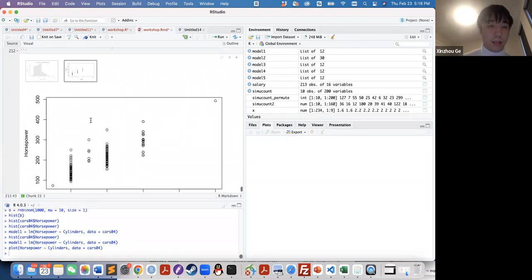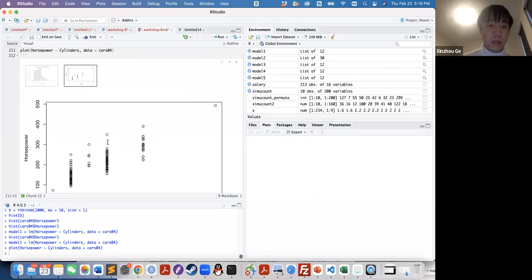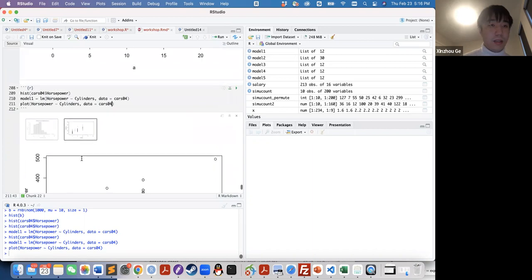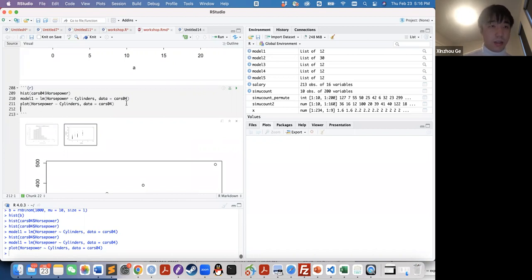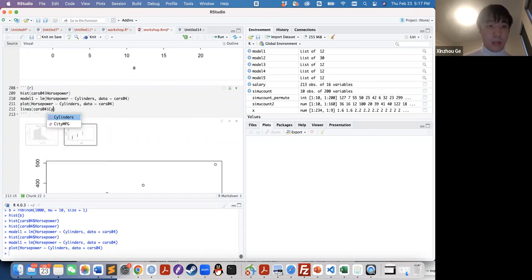Okay, this will be the scatter plot, and if we do the regression line, we can make use of the lines function to generate the line, and the x-axis will be the number of cylinders, and the y-axis will be the horsepower.